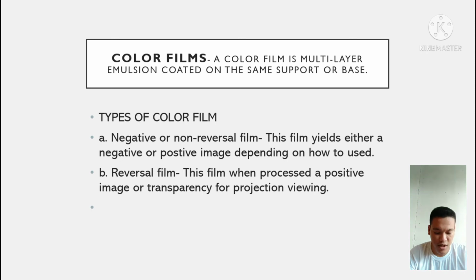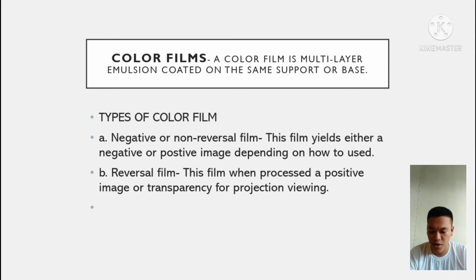Simultaneously, dyes are formed with color couplers in each emulsion layer. The third is the cross section of color negative film after the silver has been bleached, leaving residual color couplers. So that is image formation in color film.